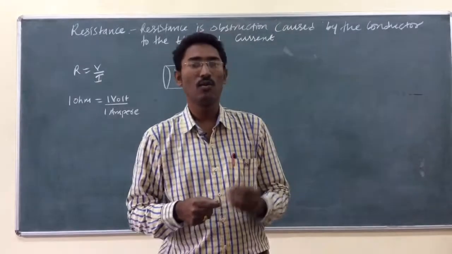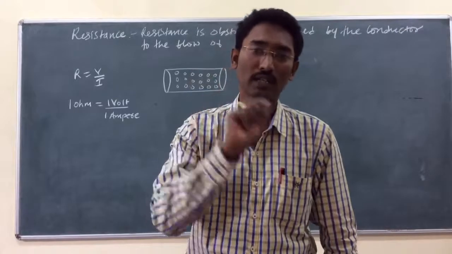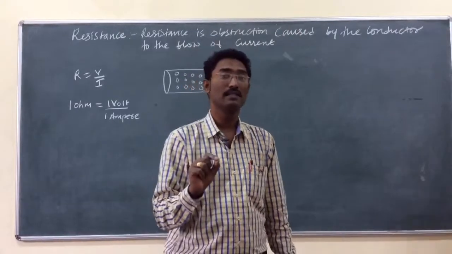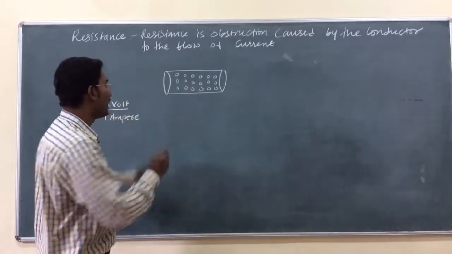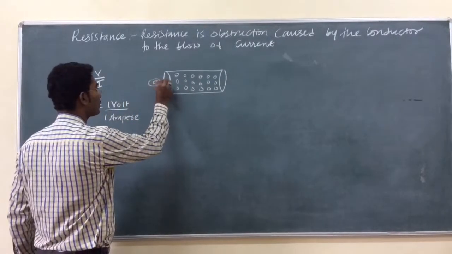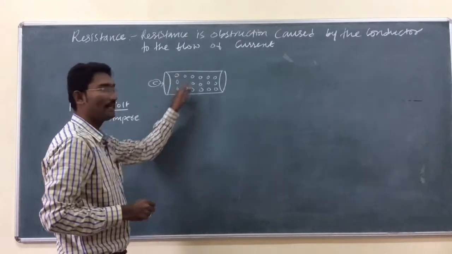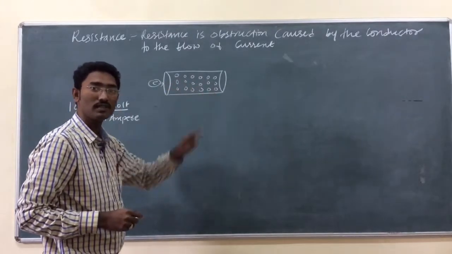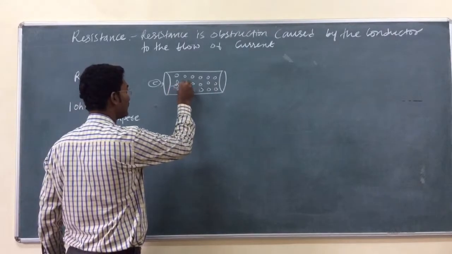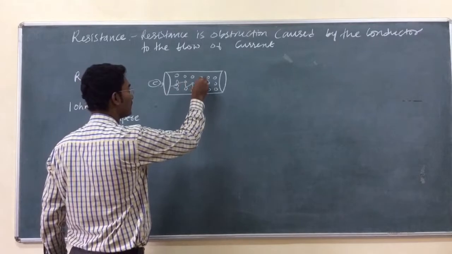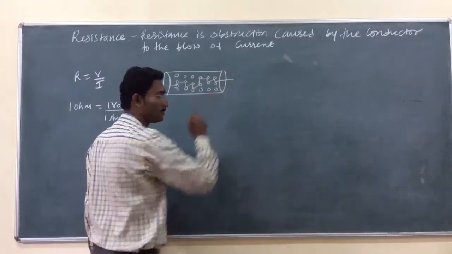When these electrons or negative charges try to pass through the conductor, they experience obstruction. If an electron has to pass through this conductor, then the atoms or ions of the conductor try to oppose it. See, the electron comes inside, it gets obstructed, and eventually it comes out after some time.